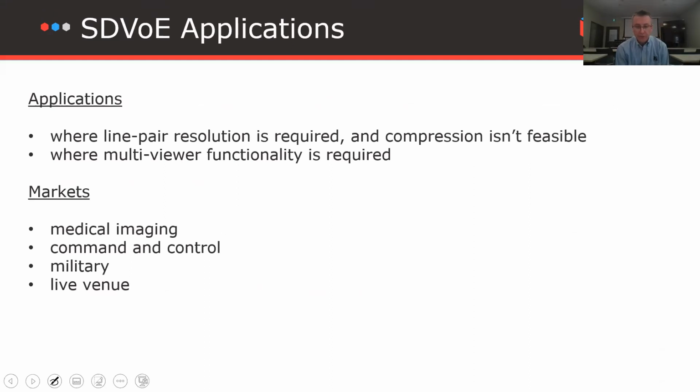The application for SDVoE is where compression just isn't feasible. Those applications are things like medical imaging, command and control, military, live venue. There are certain applications where compression just doesn't work. Take medical imaging as an example. If I'm a doctor and the color of the blood makes all the difference in the world for my diagnosis, we can't be doing chroma subsampling to throw away colors because that would result in a misdiagnosis.